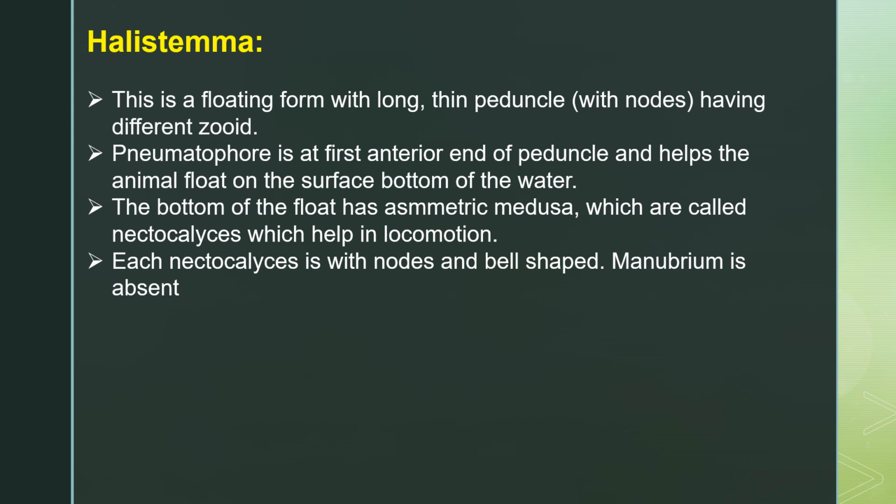Stephanomia is a floating form with a long, thin peduncle having different zooids. The pneumatophore is at the anterior end of the peduncle and helps the animal float on the surface of the water. The bottom of the float has asymmetric medusae, which are called nectocalyces, which help in locomotion. Each nectocalyx is bell-shaped. Manubrium is absent in them.